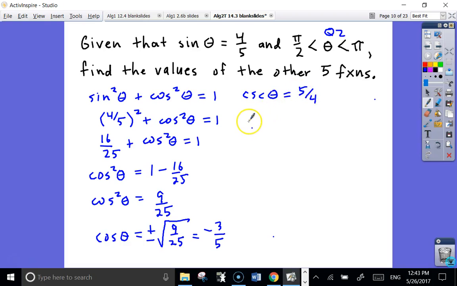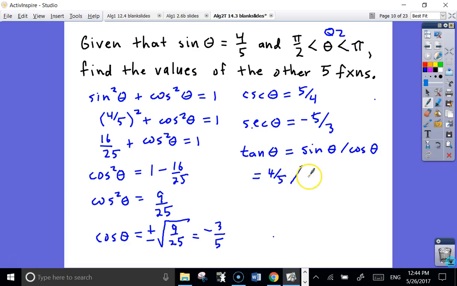The secant is negative 5/3. The tangent should be the sine divided by the cosine. And that will be, the sine was 4/5.